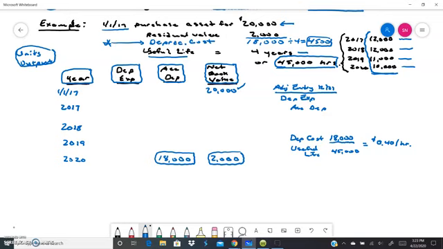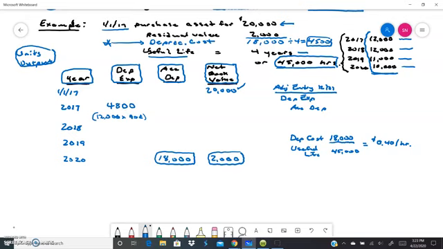So in 2017, we're going to use the machine 12,000 hours. So our depreciation expense is going to be 12,000 times 40 cents. So that's going to give us a depreciation expense of $4,800.